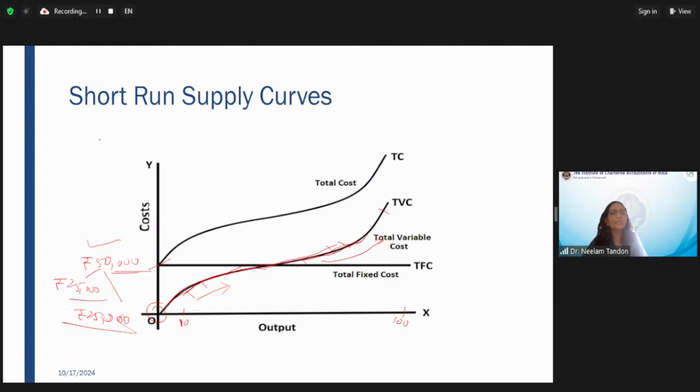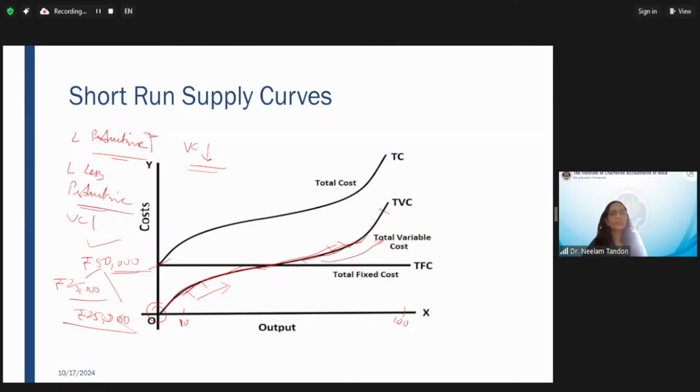So as long as your labor is more productive, what will happen if labor is productive? Your variable cost will reduce. Yes, if labor is less productive, what will happen?